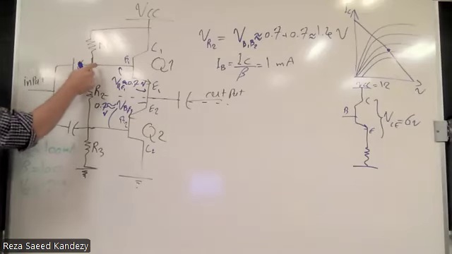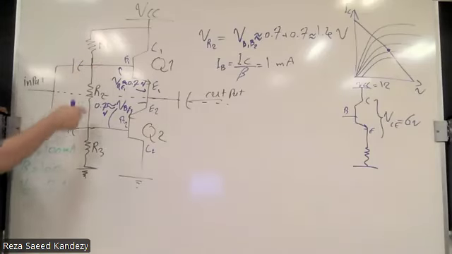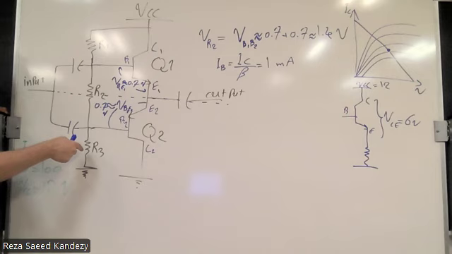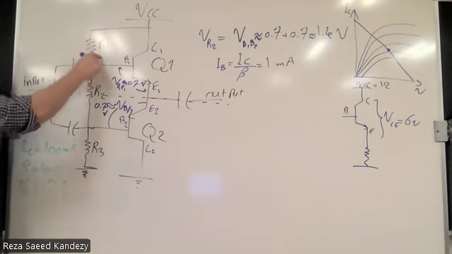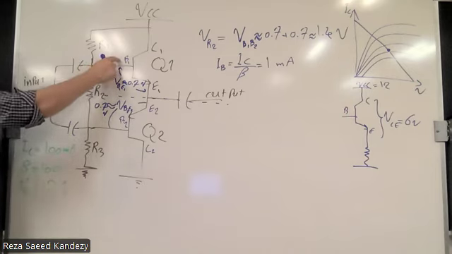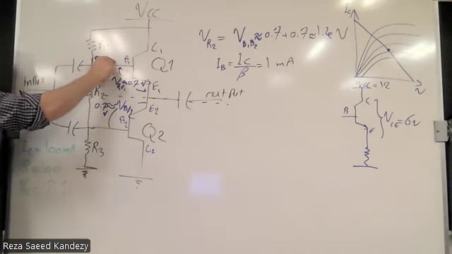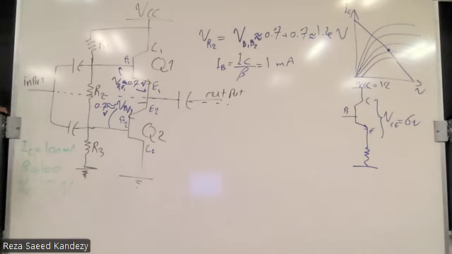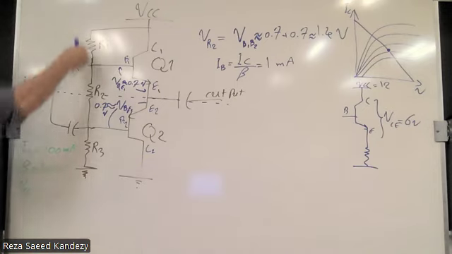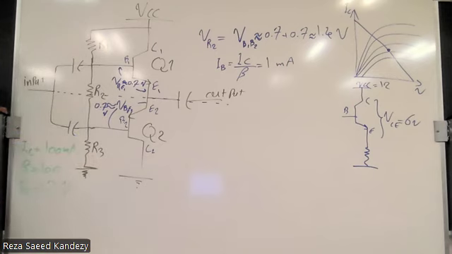When designing the biasing circuit, we have to make sure the DC current drained from the base is very low, close to zero, or negligible, compared to the current that's passing through the voltage divider.